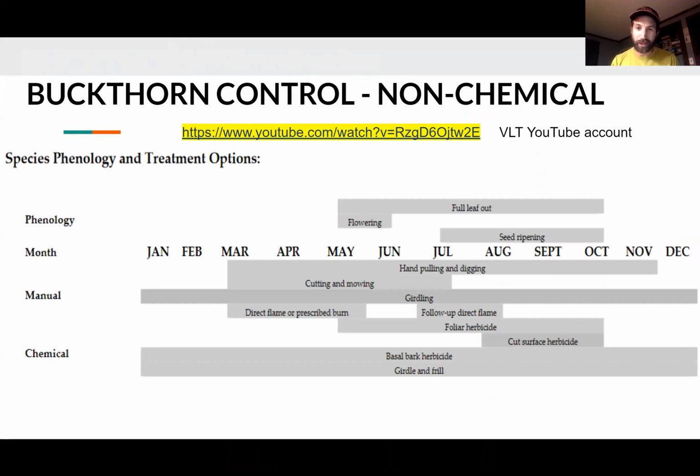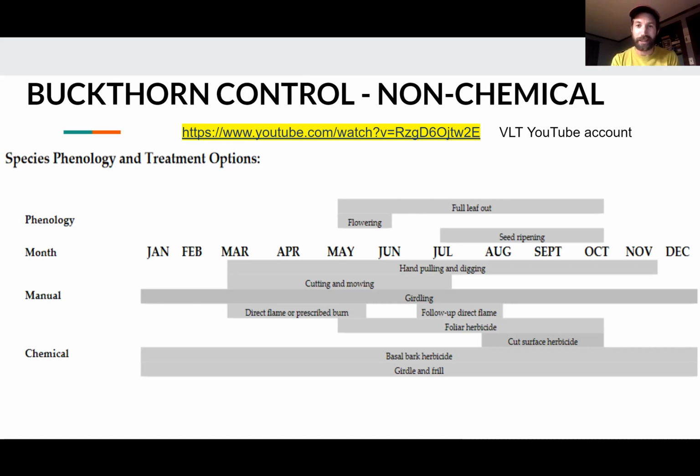So chemical treatments are a possibility. There are a number of methods that you can use, but the big takeaway that I want to get across right now is with great power comes great responsibility. Chemical control of plants can have very impressive and sometimes very unintended consequences if you don't know what you're doing.